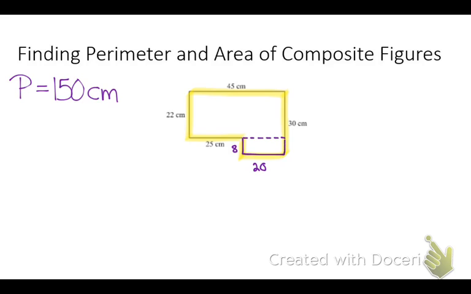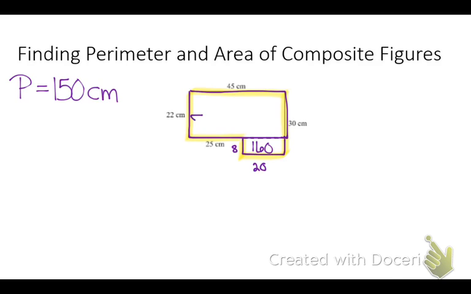Make sure you have this little rectangle. Use the dimensions that only measure that rectangle, which would be 8 times 20, which is 160. So that's the little one. Now I come up here to the big one. What would be the full length of the rectangle? 45.